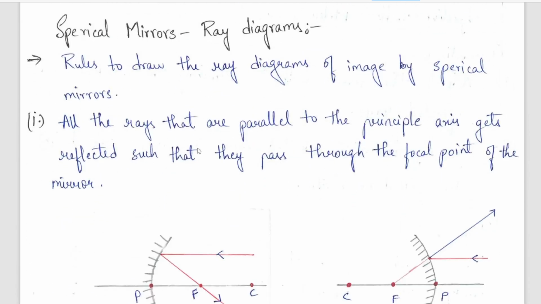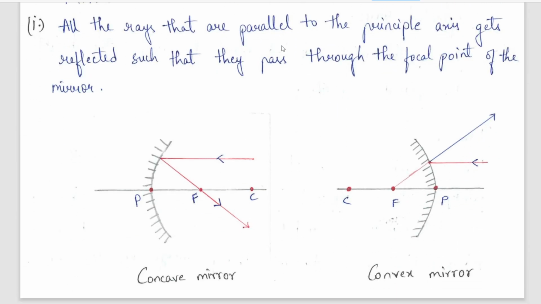Okay, now let us see the ray diagrams and rules to draw the ray diagrams for spherical mirrors. There are four rules for drawing the ray diagrams for spherical mirrors. The first rule is that all the rays that are parallel to the principal axis get reflected such that they pass through the focal point of the mirror.